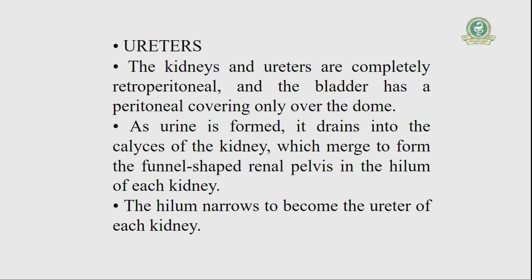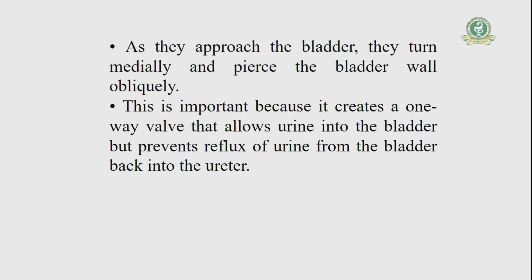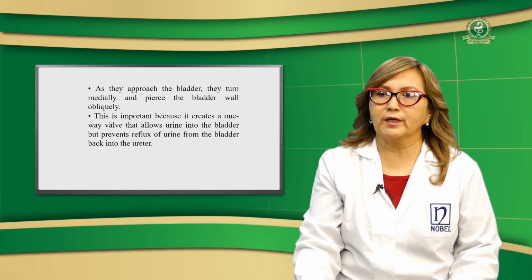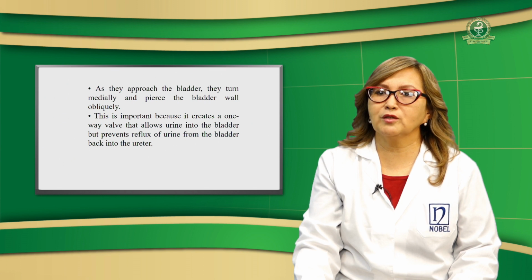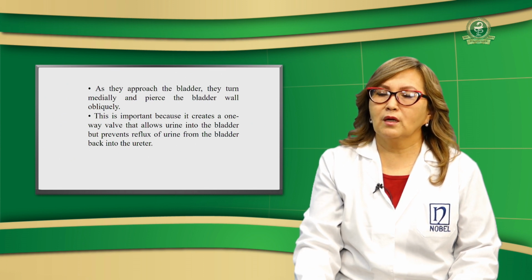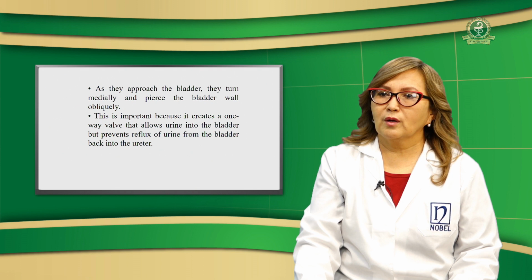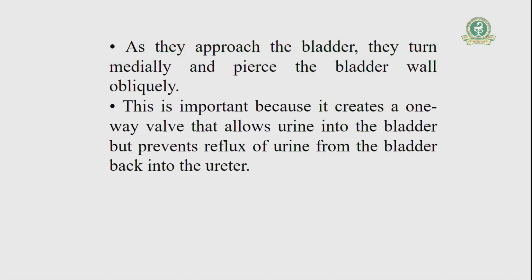The hilum narrows to become the ureter of each kidney. As they approach the bladder, they turn medially and pierce the bladder wall obliquely. This is important because it creates a one-way valve that allows urine into the bladder, but prevents reflux of urine from the bladder back into the ureter.